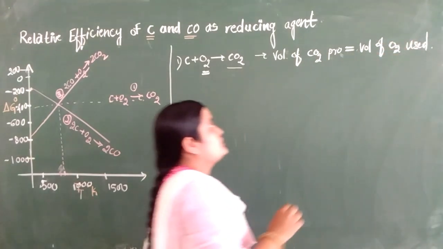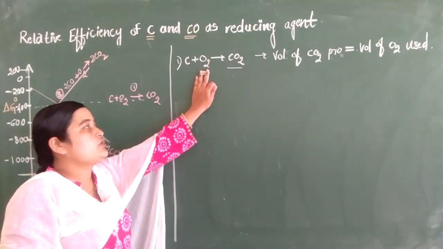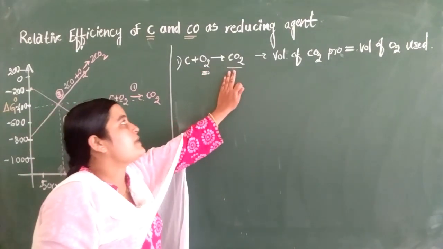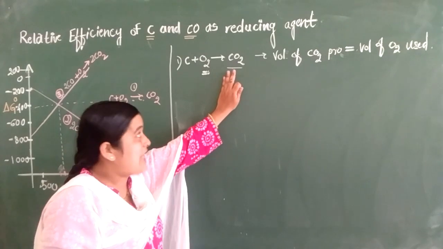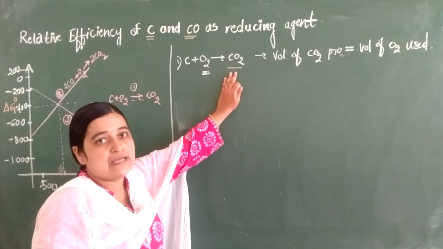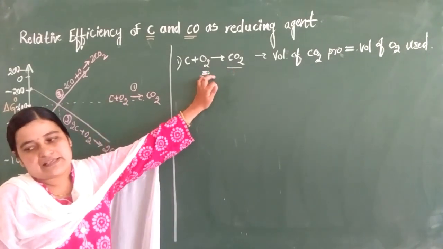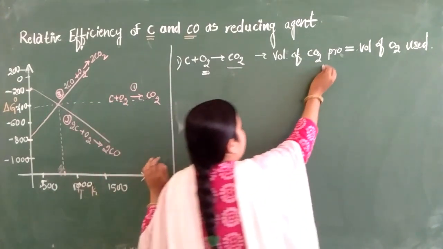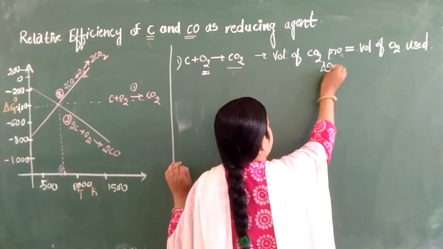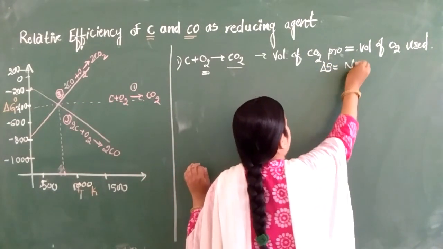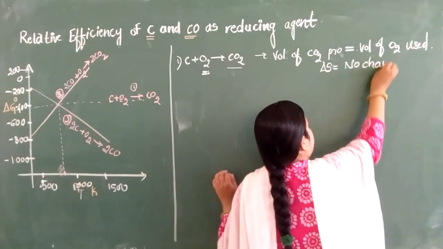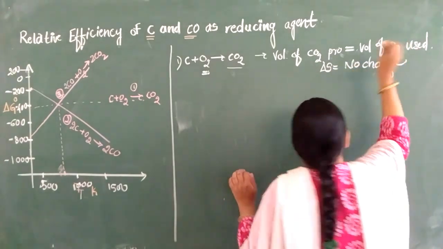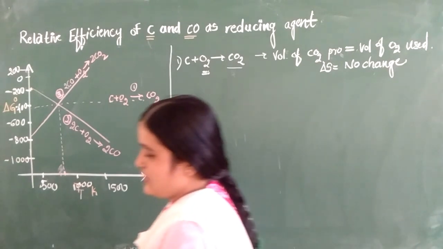Getting my point? It means how much oxygen you use here, that much carbon dioxide is going to form. It means there is no change in delta S. Delta S is nothing but entropy. There is no change in the delta S value.